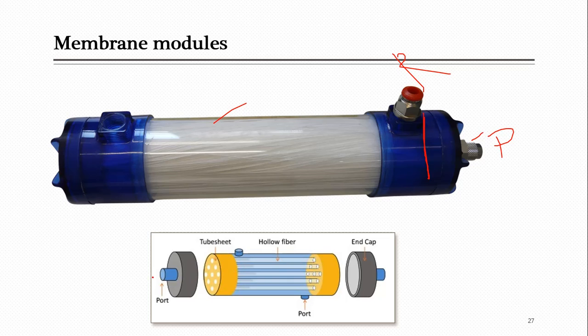You can see these two ends are provided, and there are tube sheets on both ends. If feed enters, suppose from the bottom port, some portion of the feed penetrates through the membrane and is collected as permeate, while the rest which can't pass through the membrane will leave from here as a retentate.